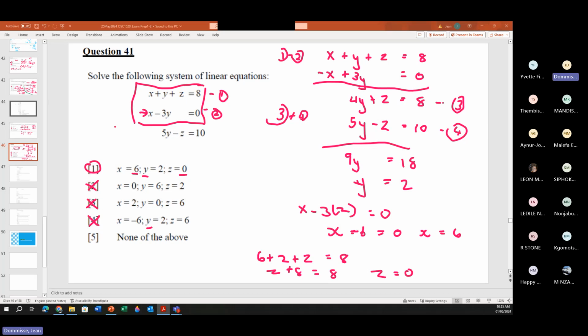Now again, just be careful, because like some of the other questions, they could have said, what's the sum of it? The sum will be equal to 8. What's the product of it? The product is 0. Okay, so just be careful.